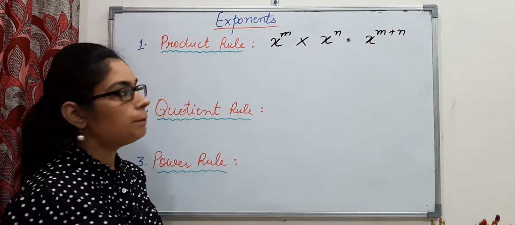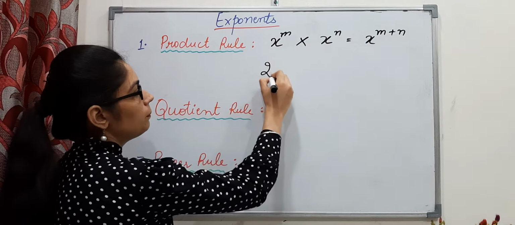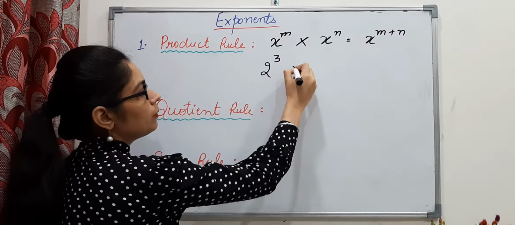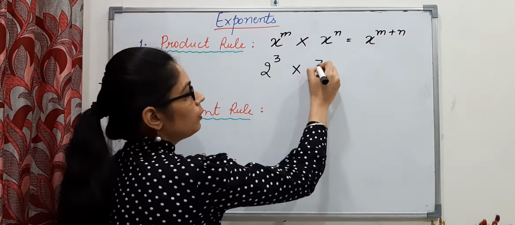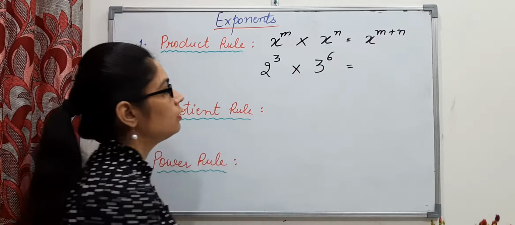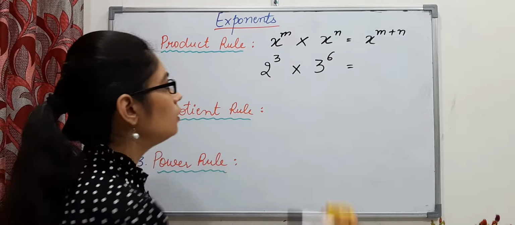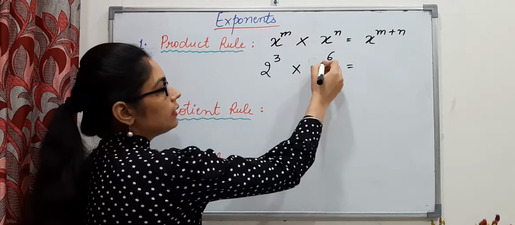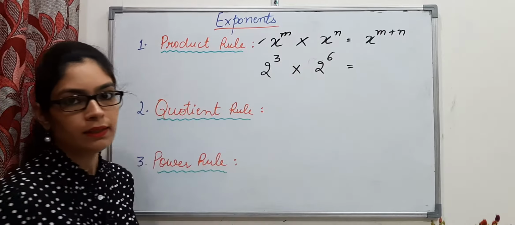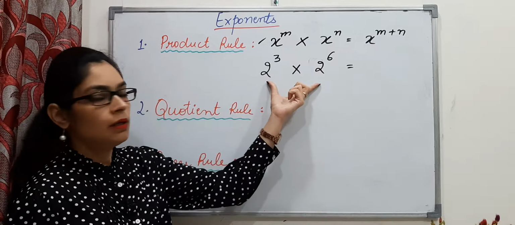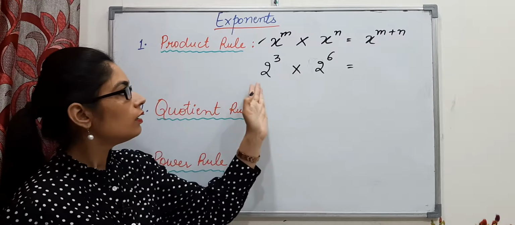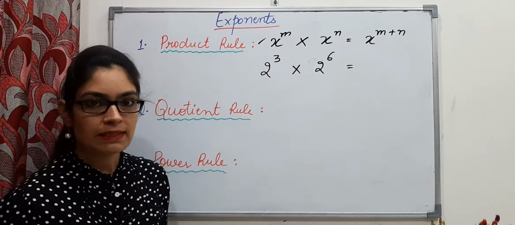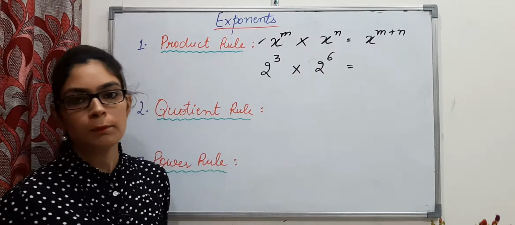We'll take one example. Here I have 2 to the power 3 getting multiplied by 2 to the power 6. Here we can see it is similar to this format. Both of my bases are 2, the same base, and these numbers are getting multiplied.